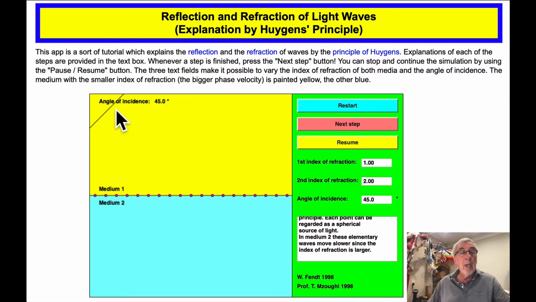And every time the wave strikes one of those points, this incoming wave will launch two waves, one going this way and one going that way. This one with one speed, this one with another speed, depending on the propagation. Slower over here, faster up here. So let's let that play.